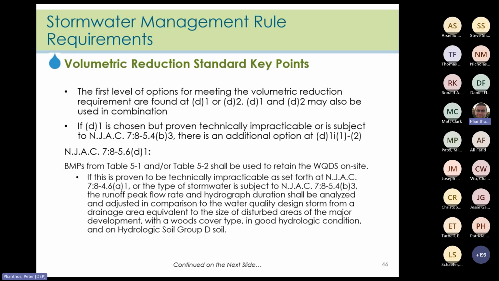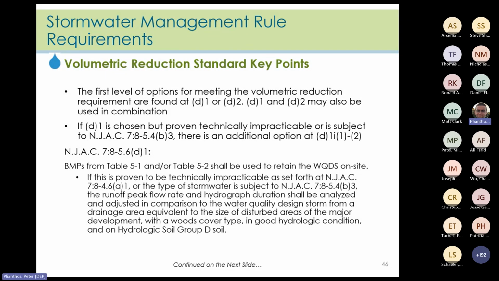Now D1 is the most basic: BMPs from Table 5-1 or Table 5-2, which are found at NJAC 7:8-5.2(f), must be used to achieve retention of the water quality design storm on site.